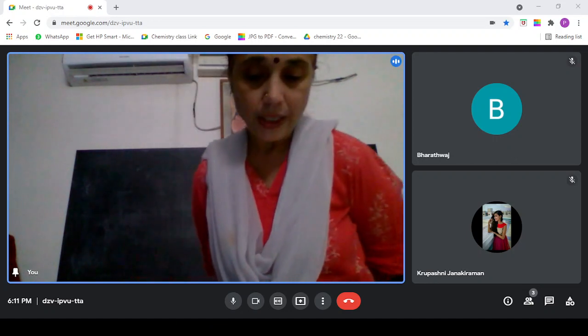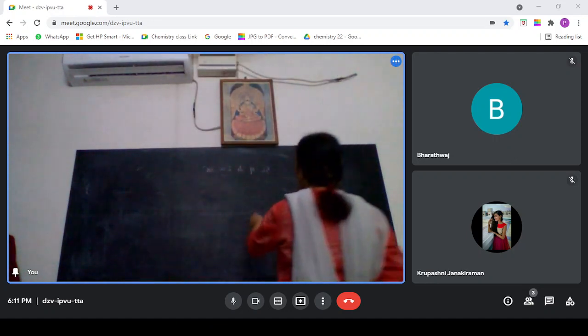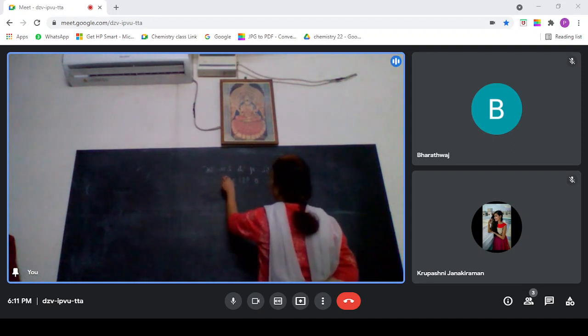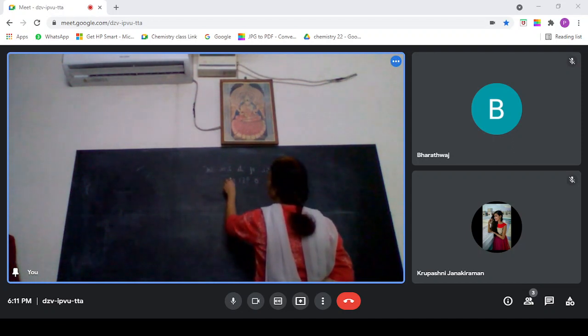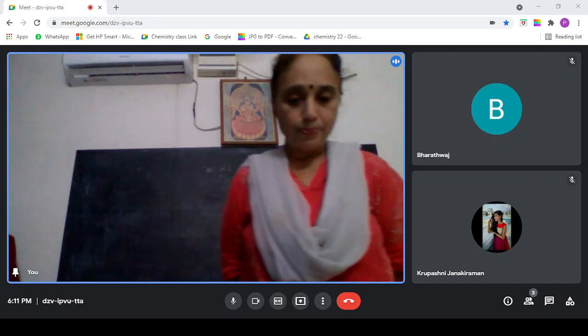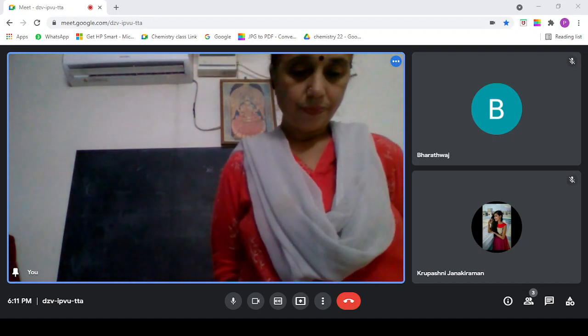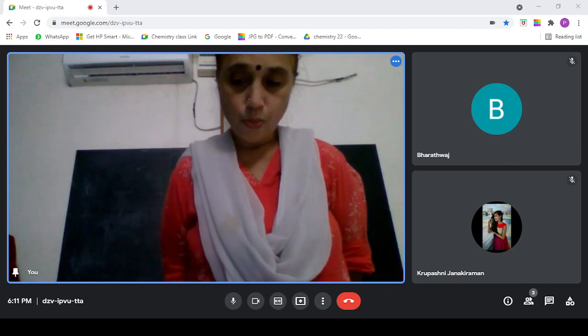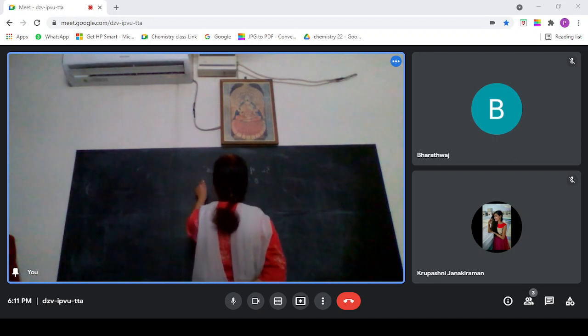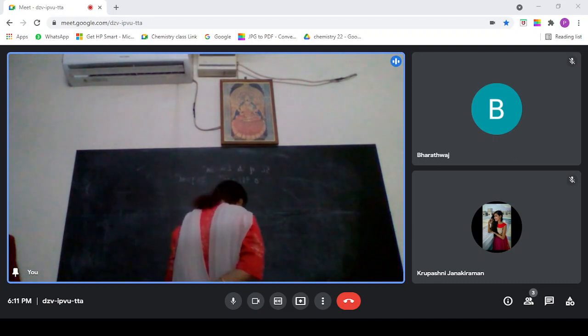Given the density of the solution is 0.981 gram per cc. Molar mass of methanol 32 gram per mole.